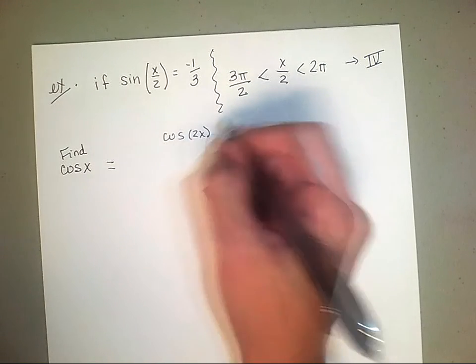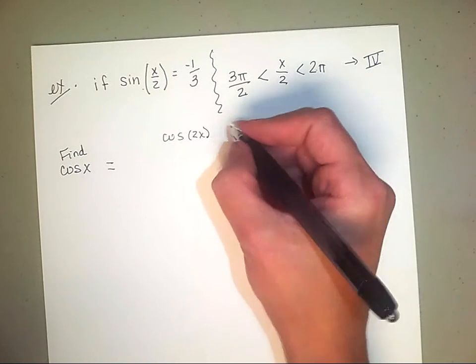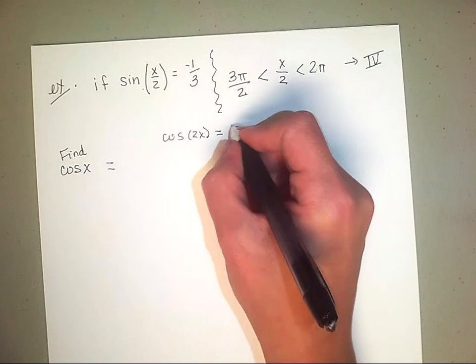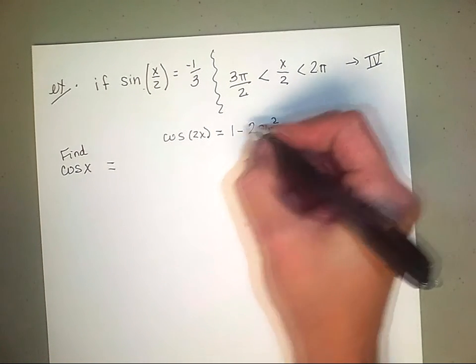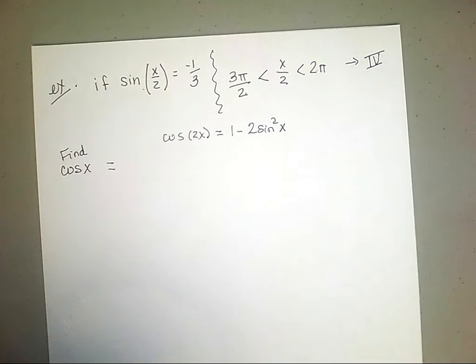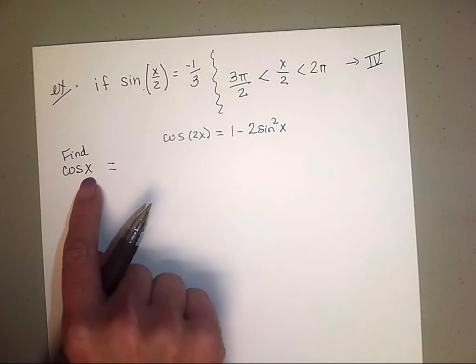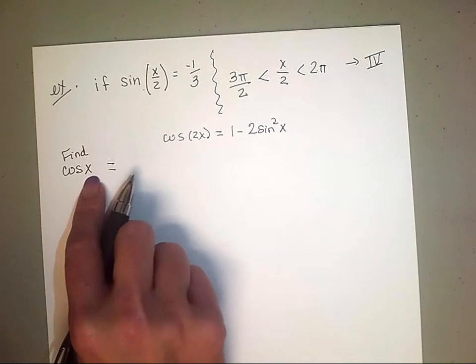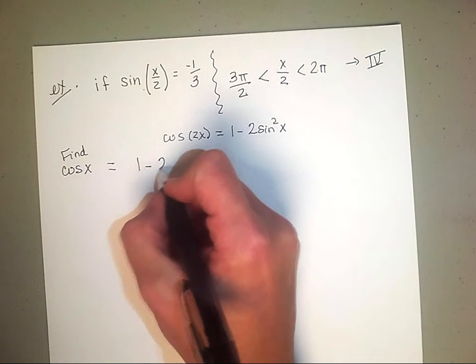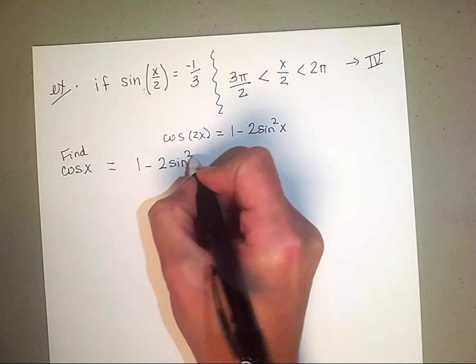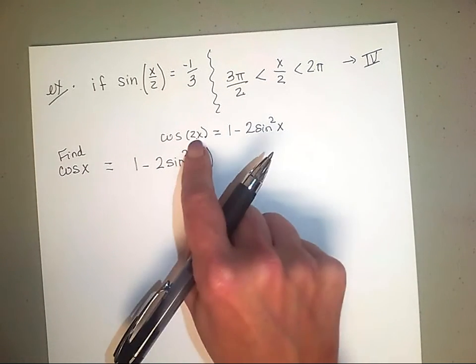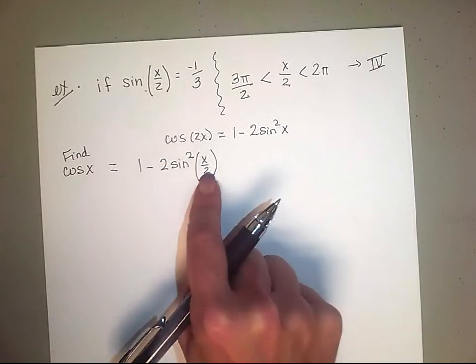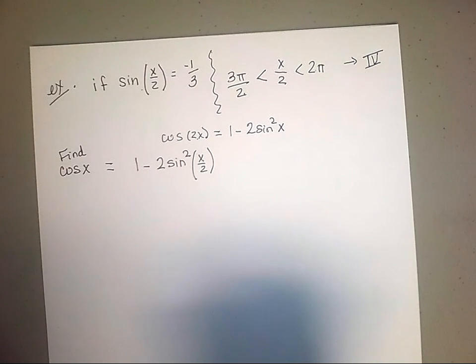And remember, we have lots of forms. But since we're given sine, let's use the form where it's 1 minus 2 sine squared. So in our case, what we're trying to find is 1 minus 2 sine squared of the half angle. This one's twice as much as this.